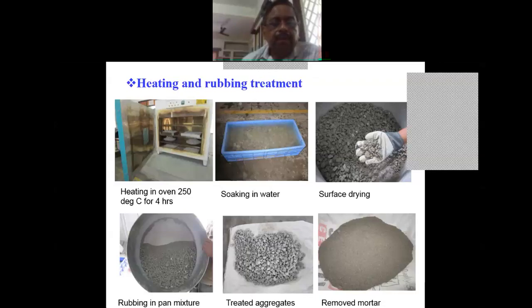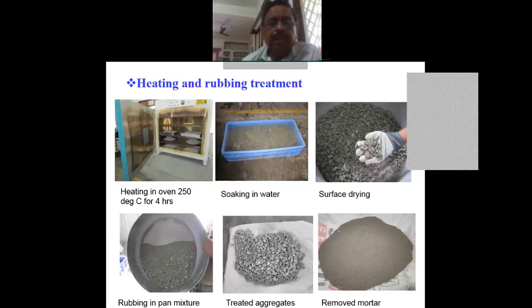People are also using microwave techniques and other techniques to remove the mortar from the aggregates. Here we only have to see how to remove the mortar from the aggregate. Because there will be a temperature gradient between mortar and aggregate, you have to adopt some technique, a mechanical way or heating or anything, to remove it.